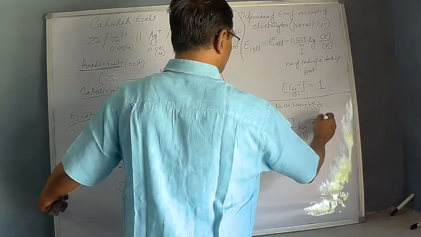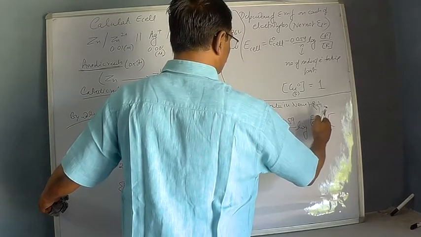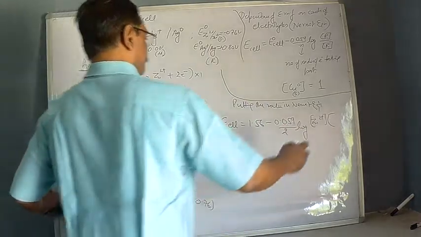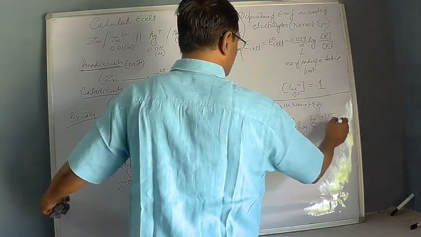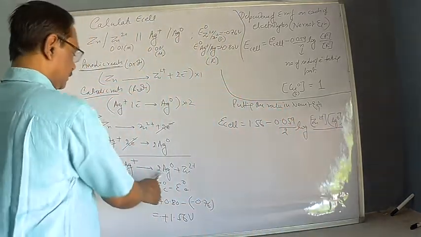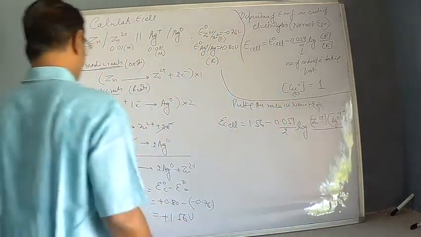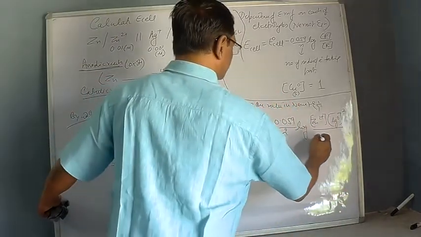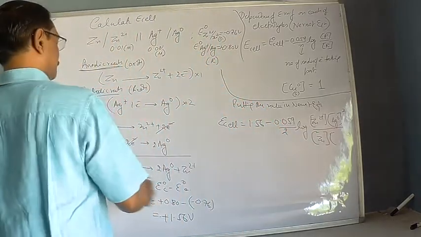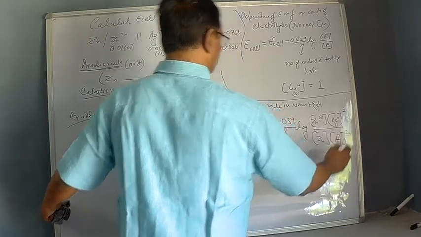So Zn2+ square bracket multiplied by Ag, remember no plus here. This is your Q expression, upon the reactants. Stoichiometry is 2, so whole square. Then Zn multiplied by Ag plus whole square, because stoichiometry is 2 over here.